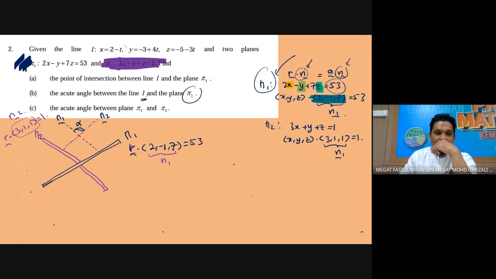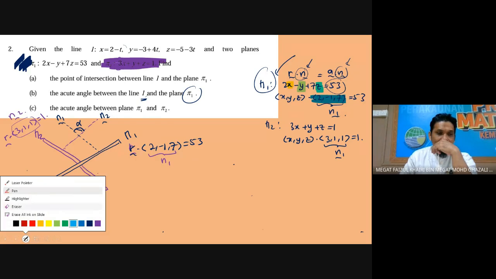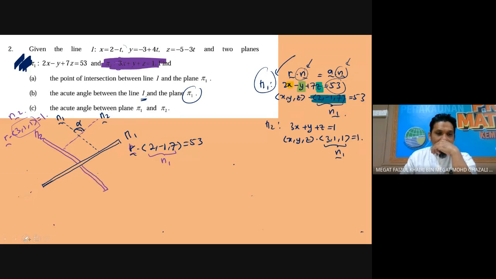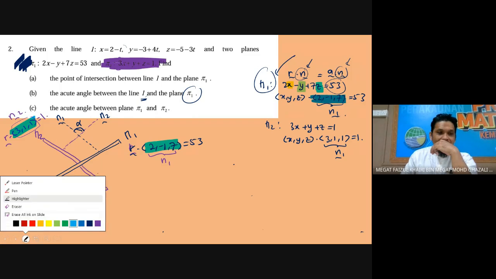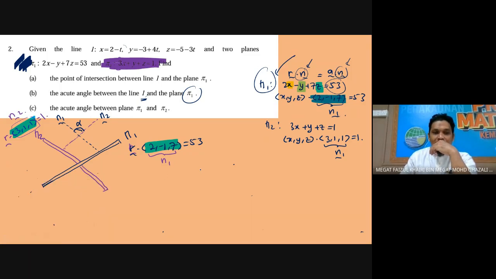Okay, the normal of plane n1 and also plane n2. So to find the angle, again, we refer to the vectors of this. So n1 dot n2 equal to modulus of n1 times modulus of n2 times cos theta.